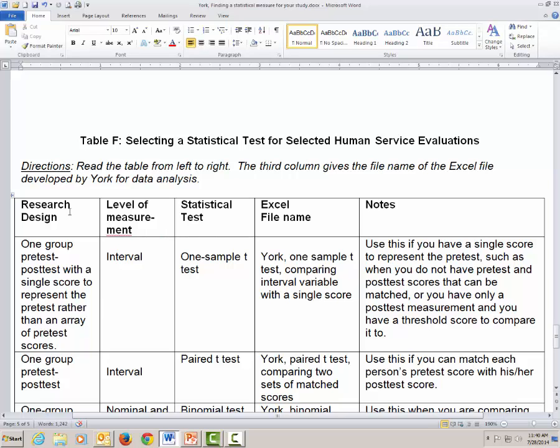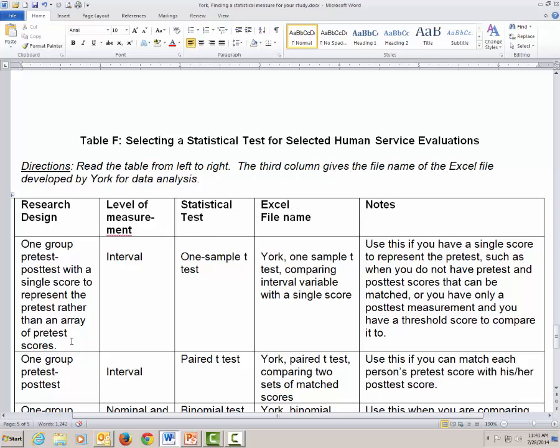If the research design is the one group pretest-posttest design with a single score to represent the pretest rather than an array of pretest scores, but you have an array of post-test scores, that is to say, you couldn't match the pretest score with a post-test score for each individual.